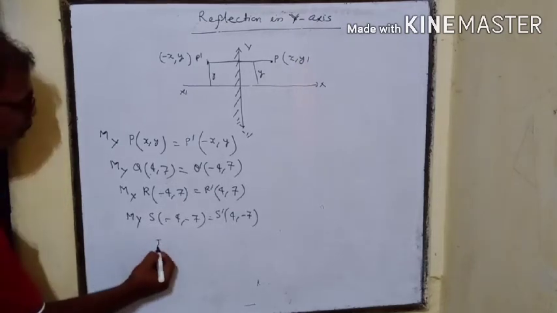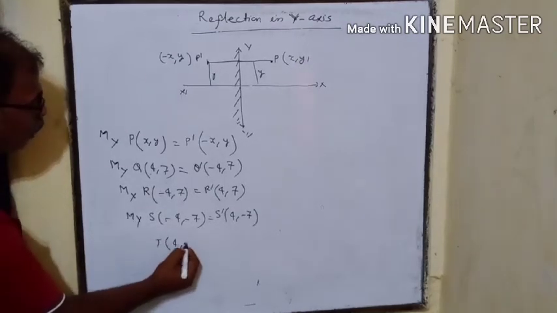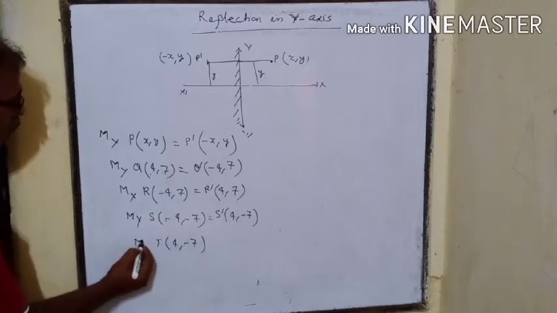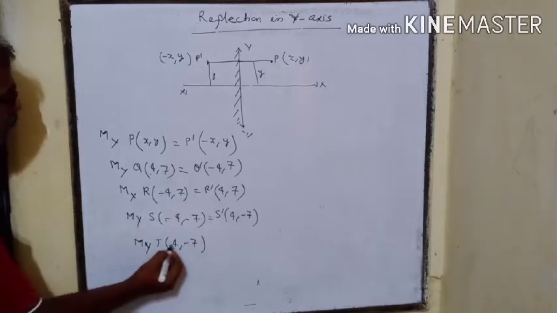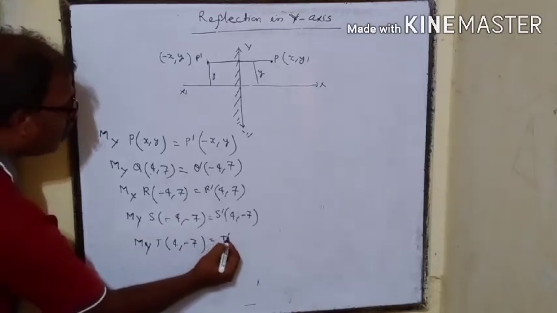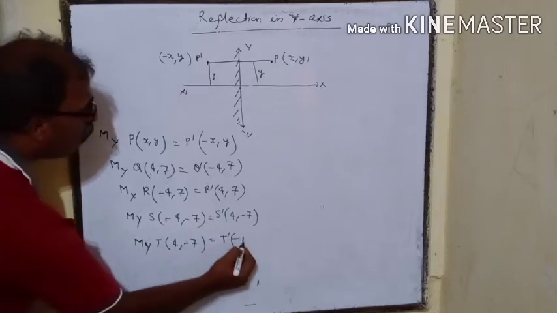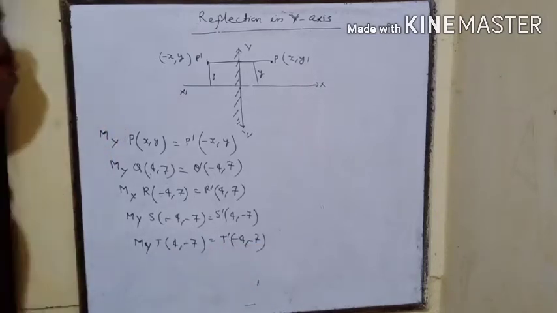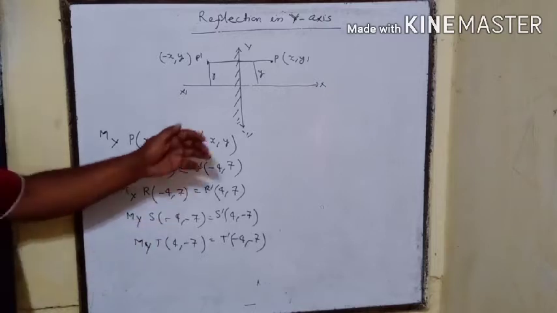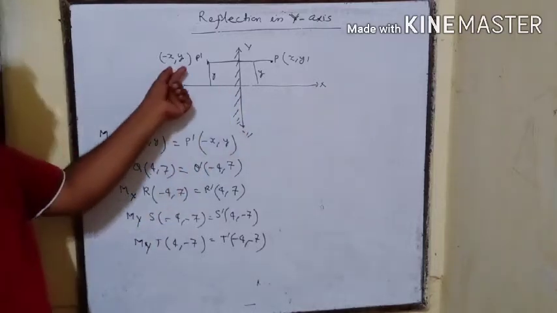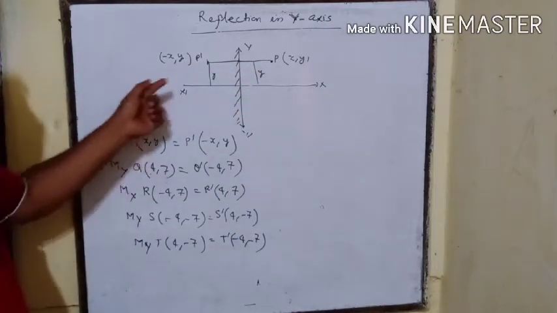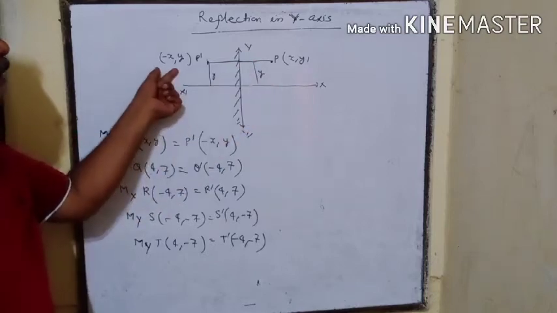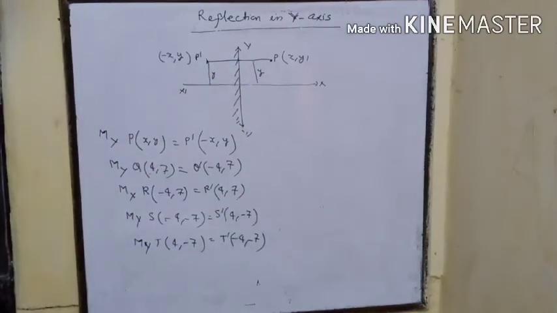And if another point T has coordinate 4 and minus 7, its reflection in the y-axis, T dash, will be minus 4 and minus 7. So what we find, when we do reflection in the y-axis, is that y remains the same with its sign, but x changes its sign. The magnitude remains the same, but the sign changes.